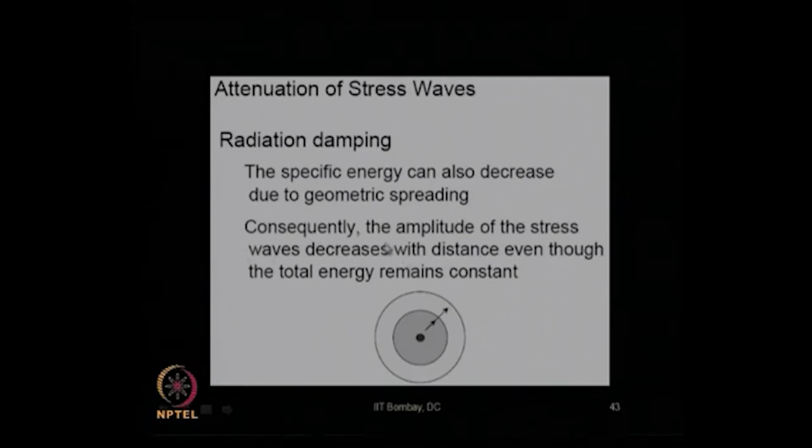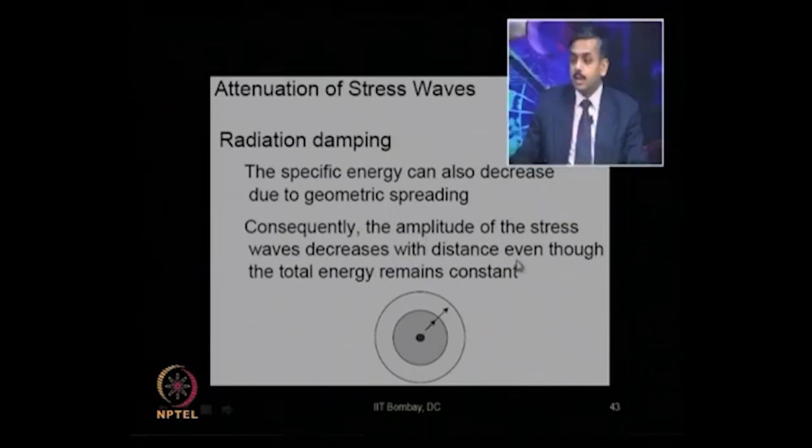So, consequently, the amplitude of the stress waves decreases with increase in distance, even though the total energy remains constant. Total energy remains constant, but it gets distributed over a larger area. You can see initially it emerged from this small black dot. Then in the next phase, it is in this gray circular area.